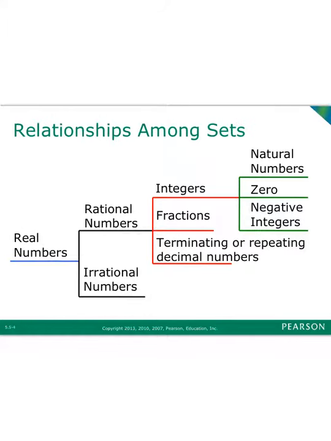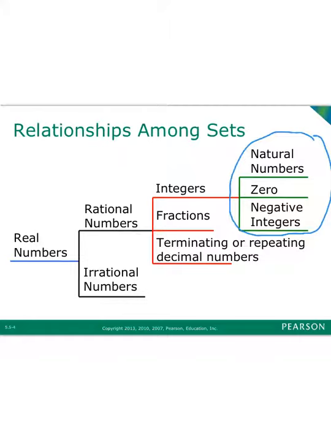So going from right to left, we see that the integers are made up of the natural numbers, 0, and the negative integers. They all make up the integer set.